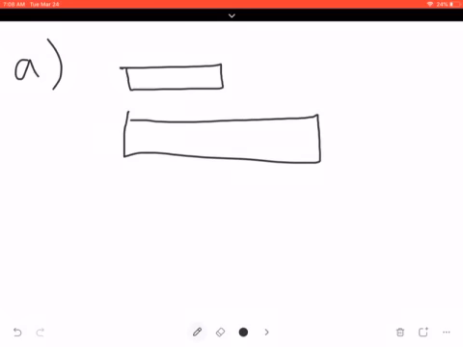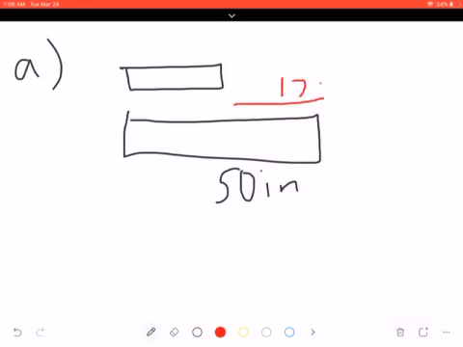We know that the long board is 50 inches. We also know that it is 17 inches longer. We do not know the length of the short board yet.